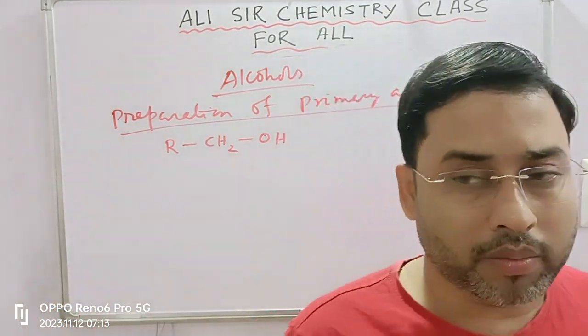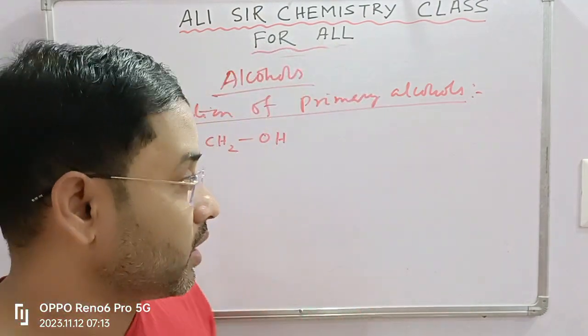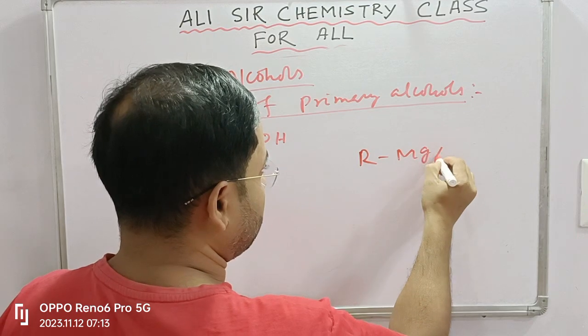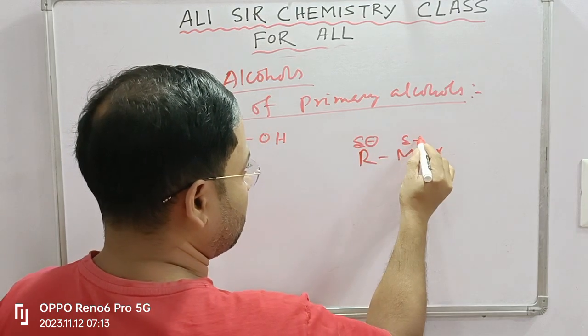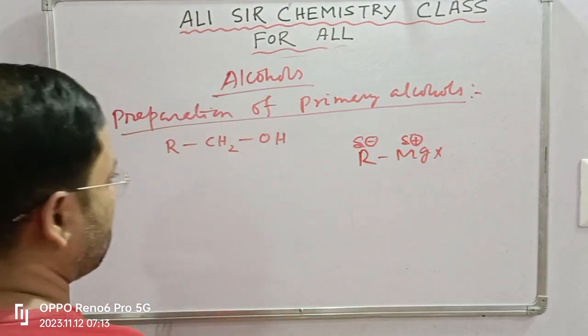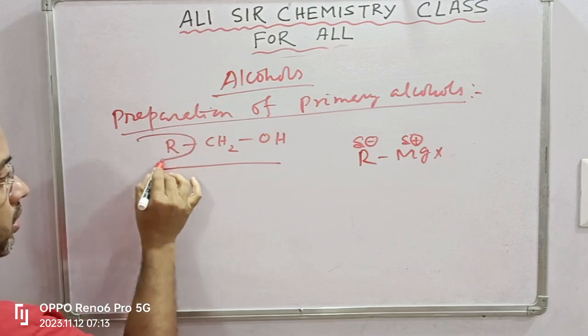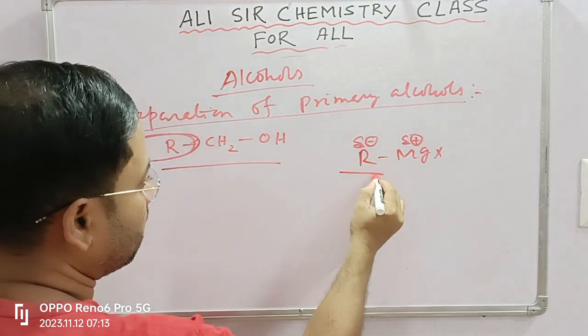And the Grignard reagent, we have taken generally as RMgX. Here R is delta negative and this is delta positive. And if you look at the primary alcohol, the R group is present. So this R group is coming from the Grignard reagent.